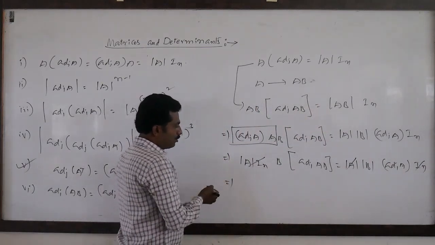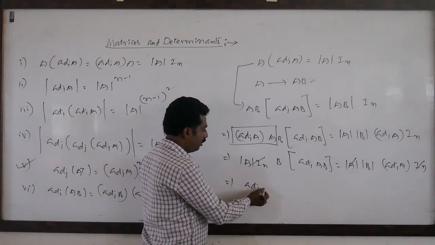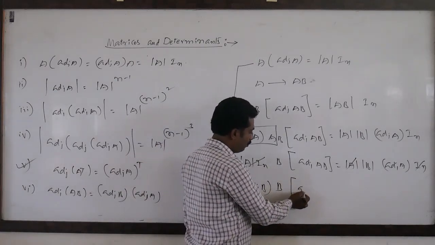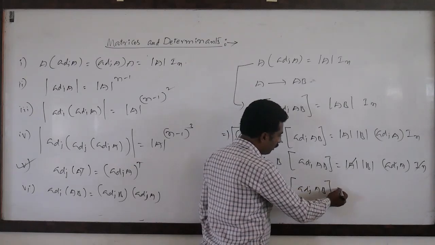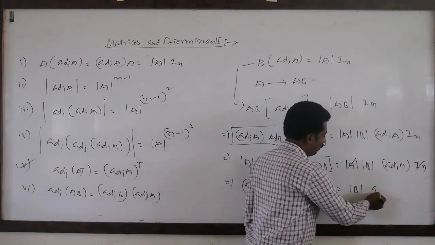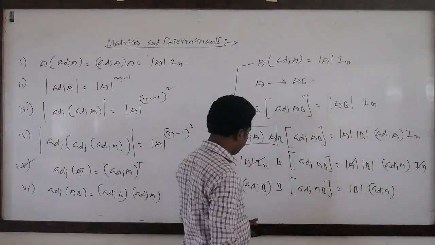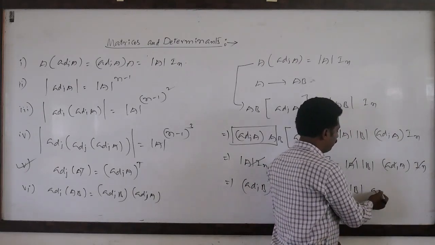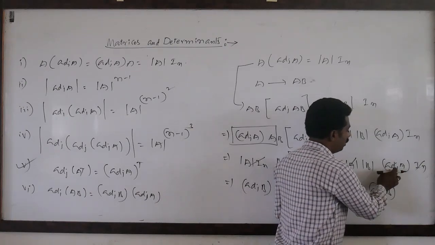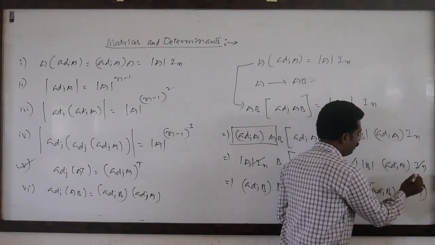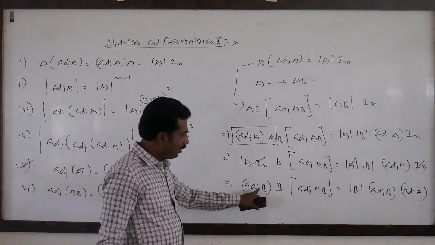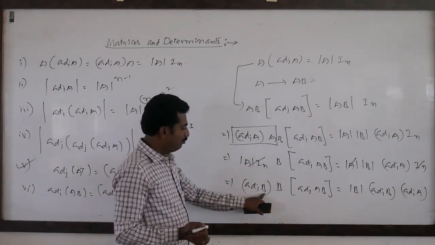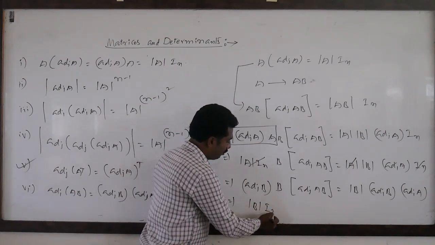So finally what did we get? B is left. So again we operate with adjoint of B. Already B is there: adjoint of B into B into adjoint of AB equal to determinant of B into adjoint of A. Both sides we are operating with adjoint of B on the left side. So what is left here is adjoint of A. Adjoint of B into B means determinant of B into In.